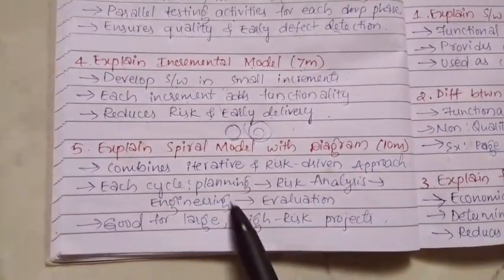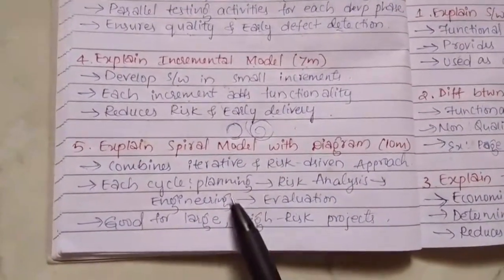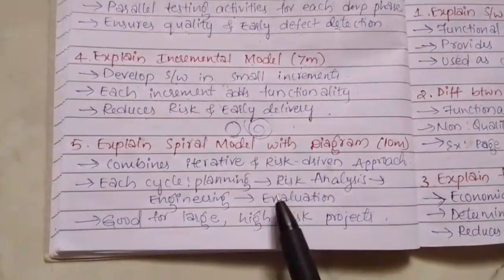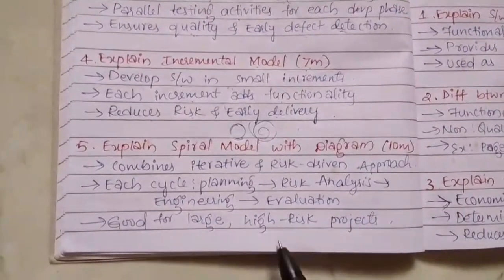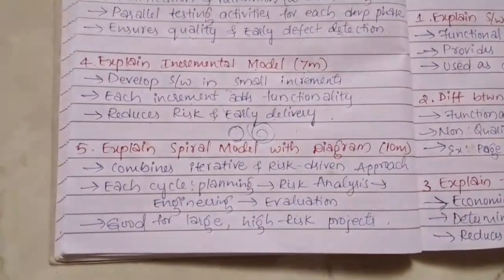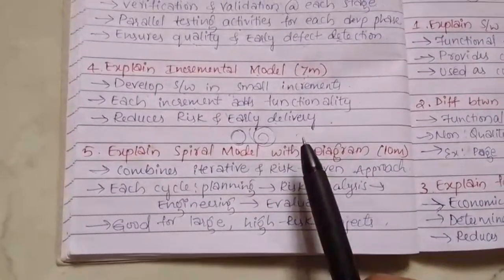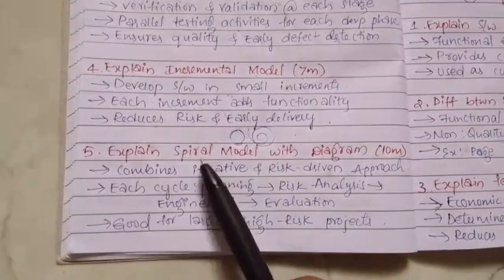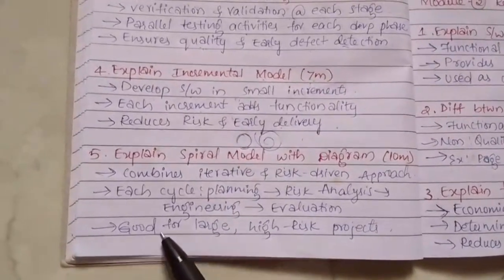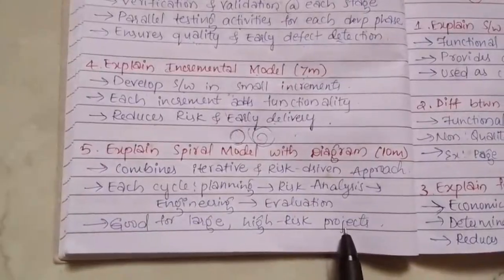Each cycle has these 4 phases in the spiral model. You have to explain these four phases step by step, and it is good for large projects and high-risk projects because if you want to add or change any requirement, it is easily done in the spiral model. That's why it is good for large projects and high-risk projects.